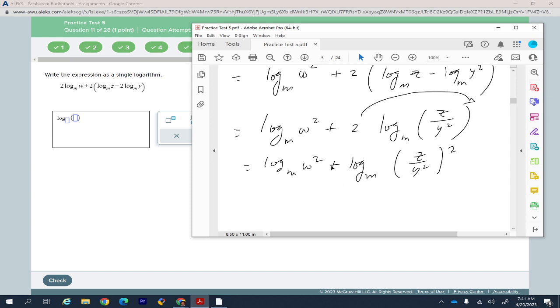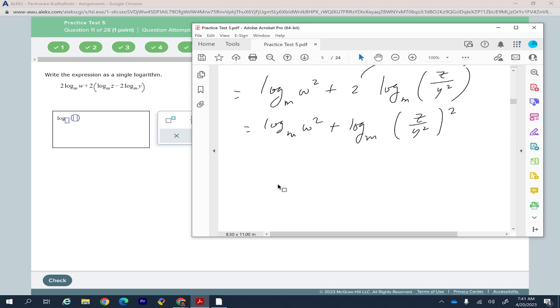Now one more time, because here is a plus and they have the same log with the same base, I can write this as log base m of w squared times this, which is z squared over y squared, squared, which means y to the power 4.